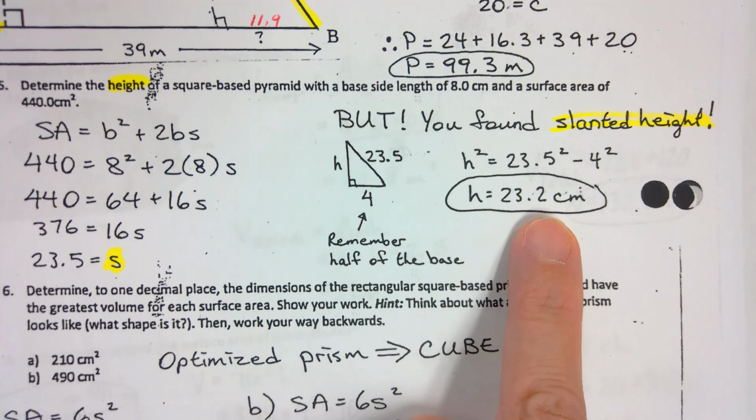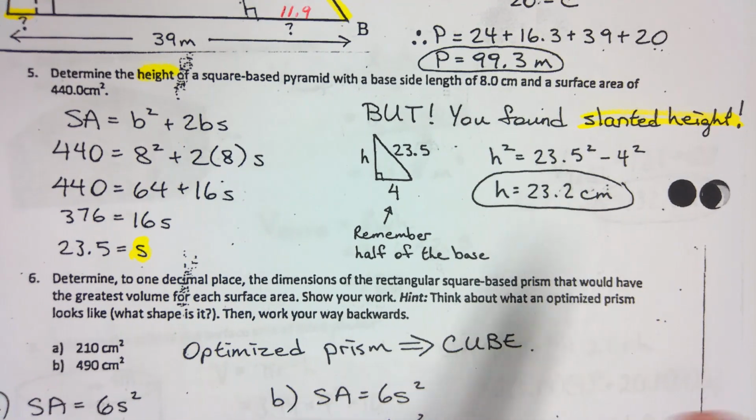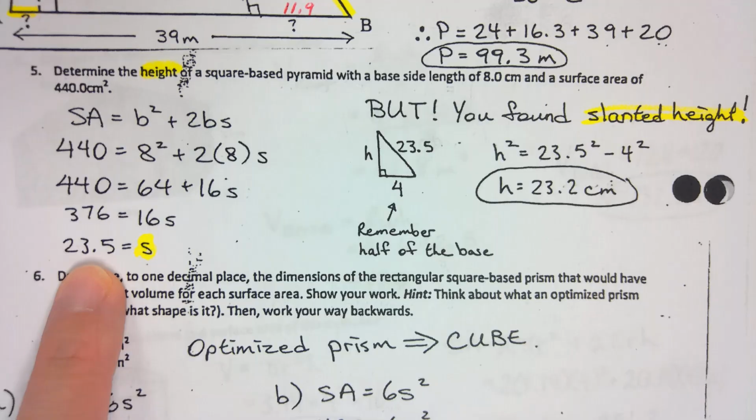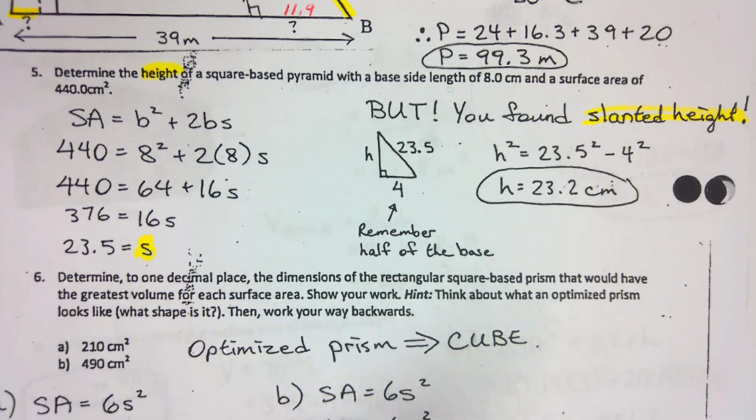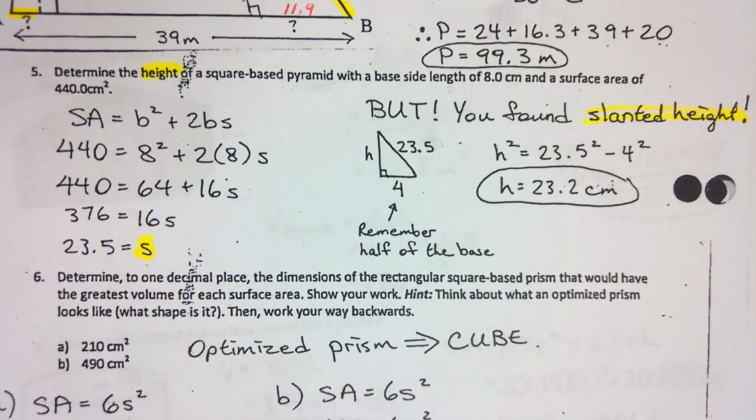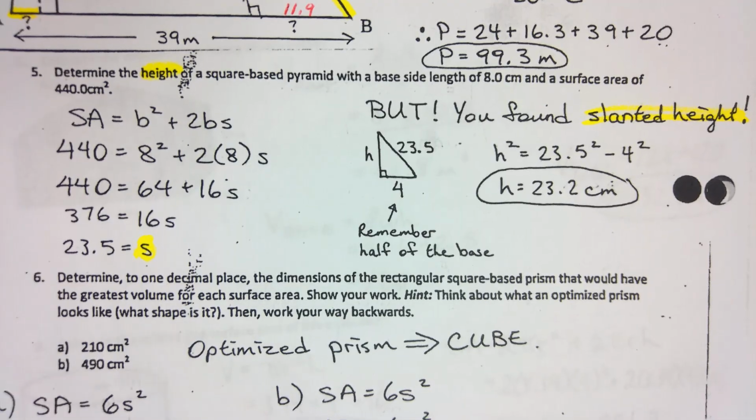Okay. So how many of you got the 23.5 and thought that was the final answer? Okay, yeah, so be careful with this. It is a tricky question. Right, so why did I put this question in there? Because I want to emphasize the difference between slanted height and height.